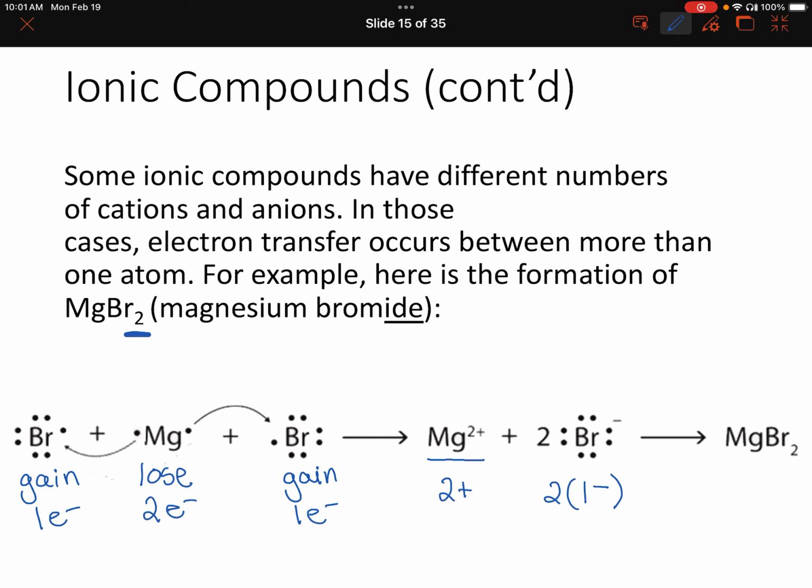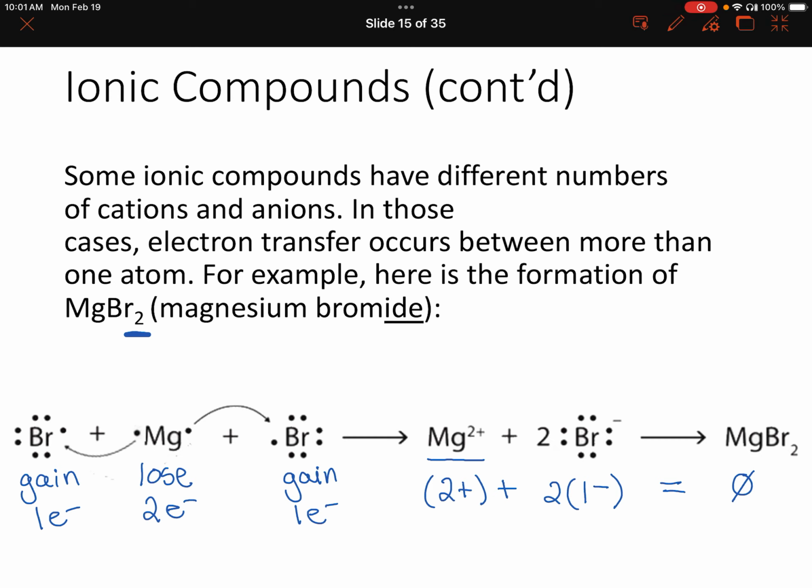And so that's going to give us, let's see, if we add those together, we get a 0 overall charge for the ionic compound. So that's usually our goal, is to try to match the charges so that the overall charge of the ionic compound is 0.